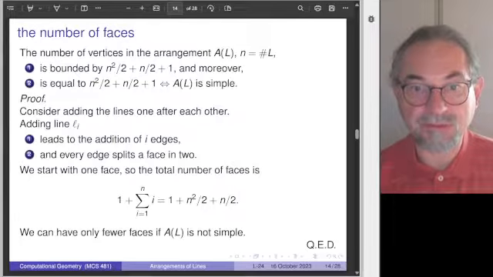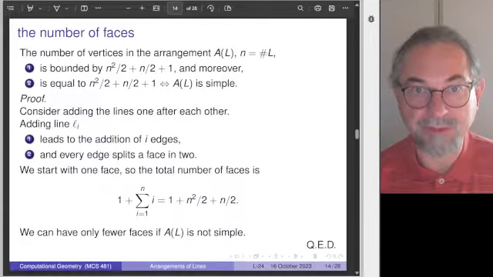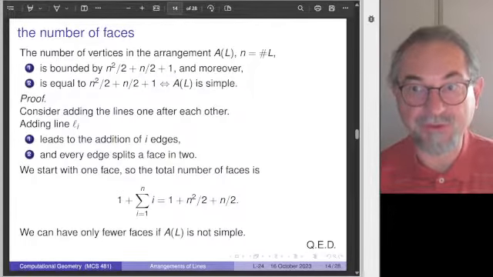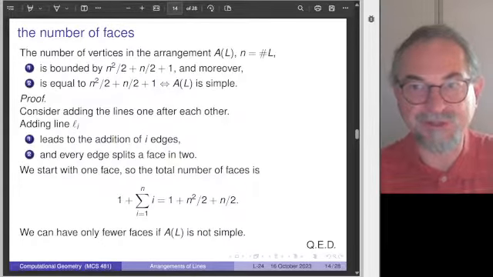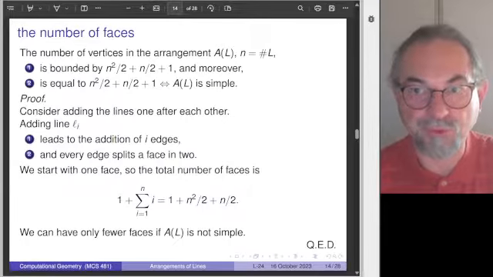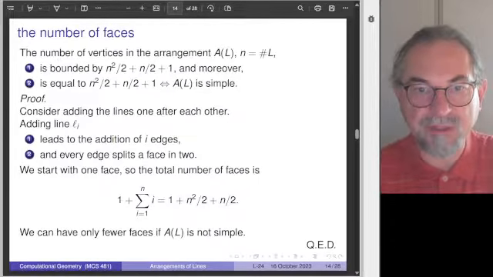Quod erat demonstrandum. So we are done with the first main result of this lecture. In the next lecture, we will prove the zone theorem, which is another theoretical result.